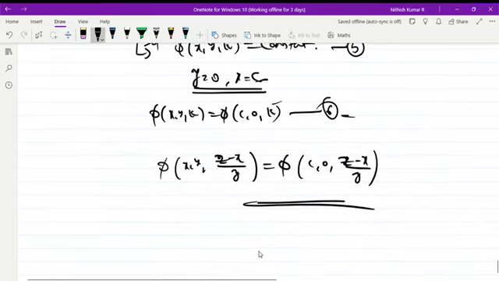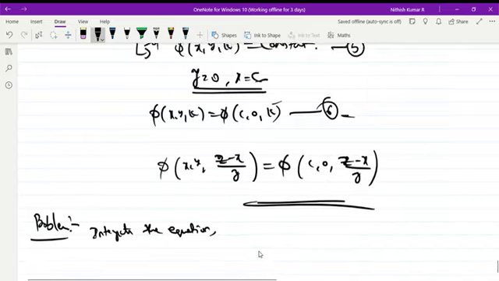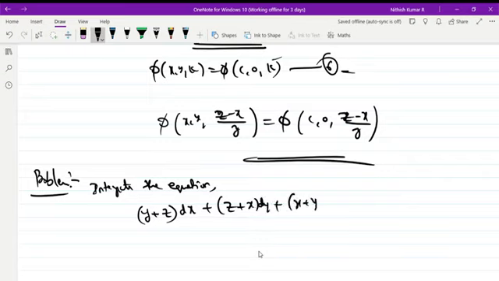So let's take a problem. Integrate the equation (y + z) dx + (z + x) dy + (x + y) dz = 0.